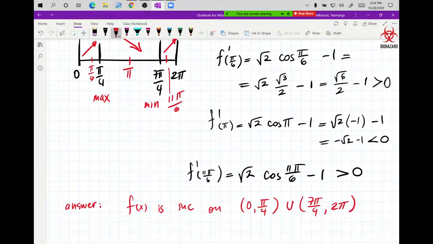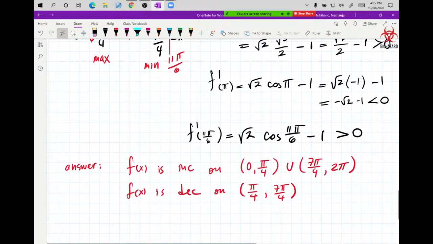Therefore, the function is increasing. And given function f of x is decreasing on pi over 4 to 7 pi over 4, which are in between the maximum and the minimum, the function is decreasing. So that all makes sense.